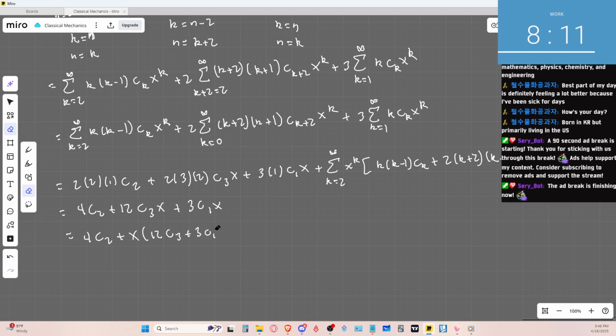Oh, actually we can reduce it even more. So it could be 3x 4c3 plus c1. Yeah.